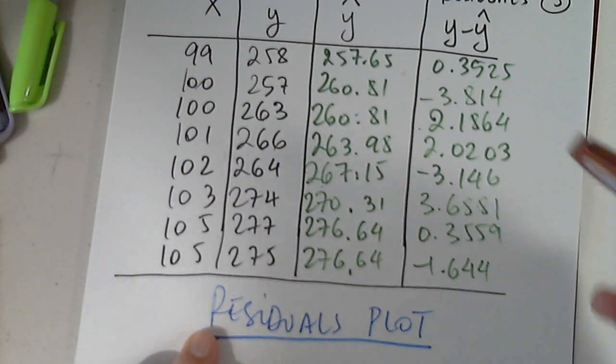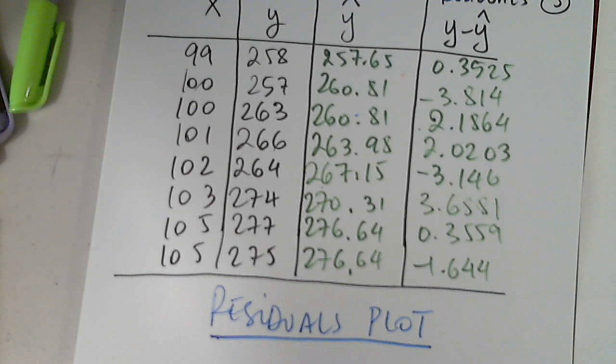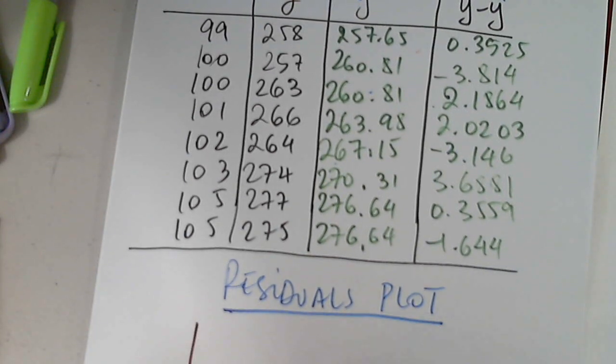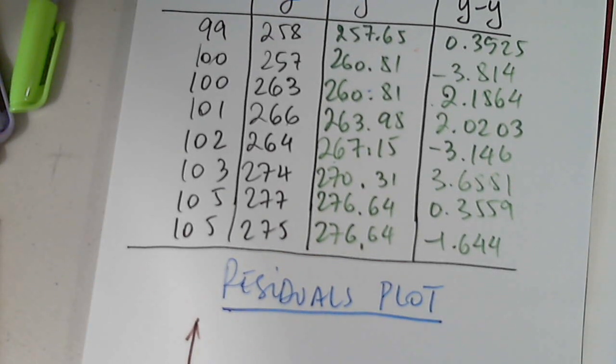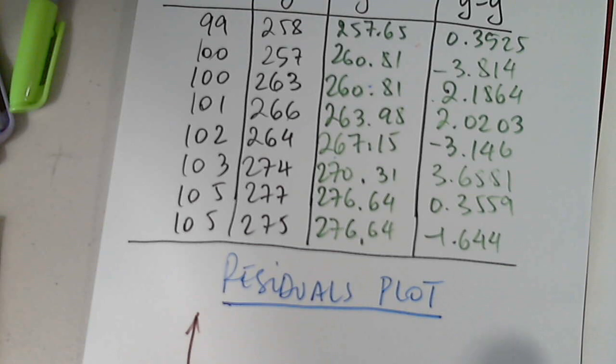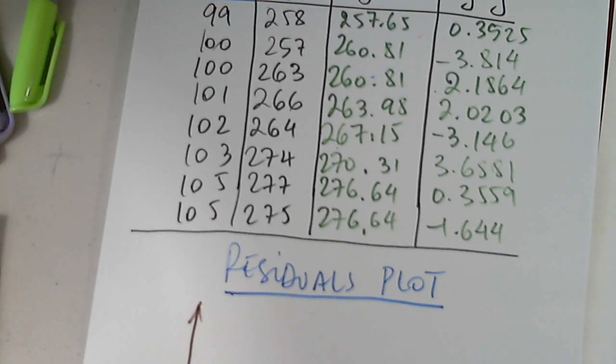Now we want to plot these residuals for the same reason. We want to check whether the linear regression line is a good fit, whether the model that we applied is indeed good for the data.